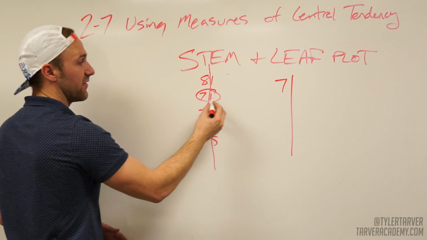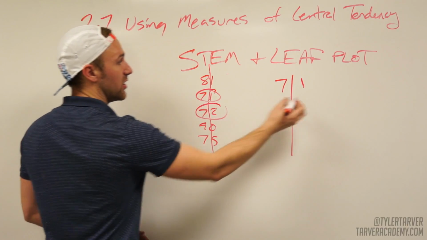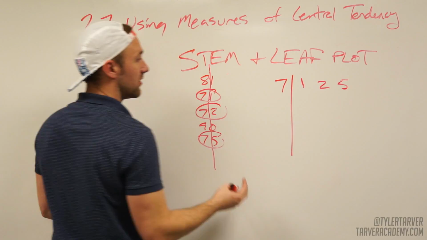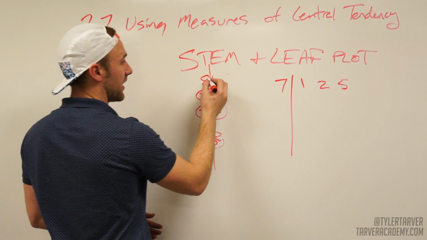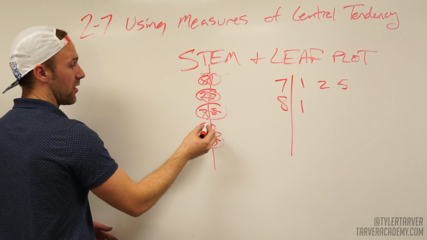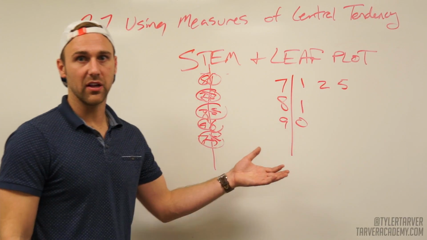So right here we've got 7, 1. And I'm going to do them in order. So next would be 7, 2. Last one is 7, 5. Okay, so I've got my 7s done. Next we'll start with 8. It's only got a 1, and there's no more. Next is 9, and it's got a 0. You just made a stem and leaf plot.